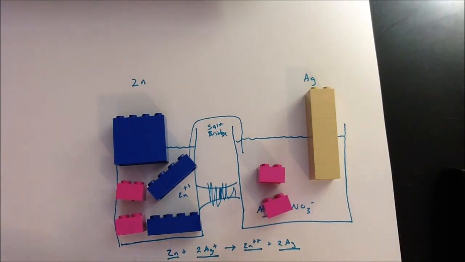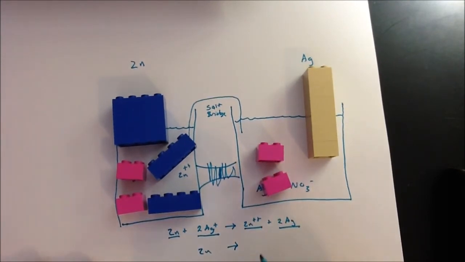None of this happens unless we go back and we take a look at those half reactions. There's another part of this half reaction that we have to think about, and that's the fact that for all of this to happen, zinc needs to produce 2 electrons, and the silver needs to gain 2 electrons.